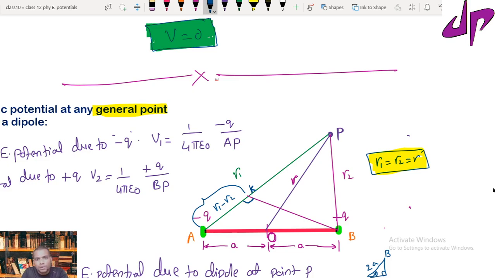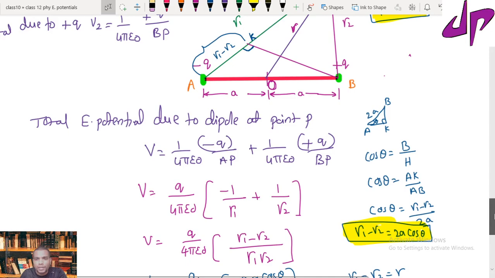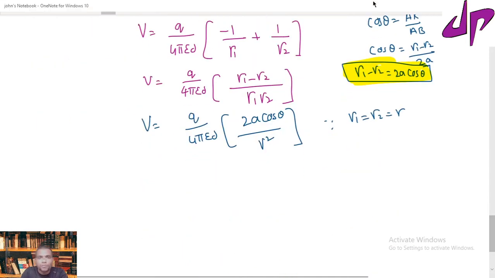So now the R1 distance and R2 distance are equal to R. We also figured out the extra distance from A to P. Here it is R1 minus R2, which we found by considering the right triangle AKB. From that we got it using cos theta terms, so finally we got the final value.